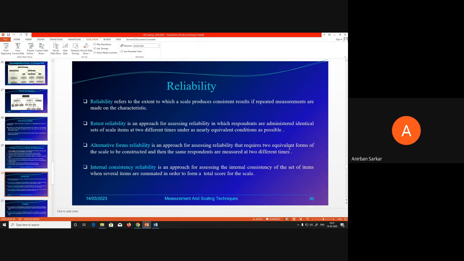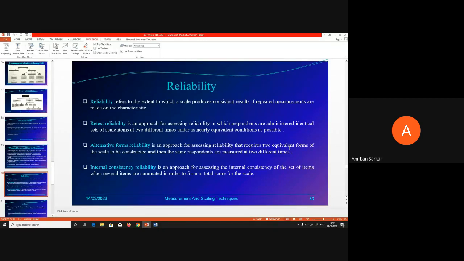The same thing you put in a positive fashion, you put in a negative fashion, and you administer them at two different points of time, largely within 2 to 4 weeks. And if you find that the correlation is higher, you can say that your research is reliable.